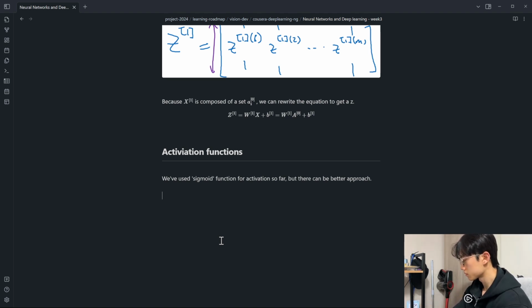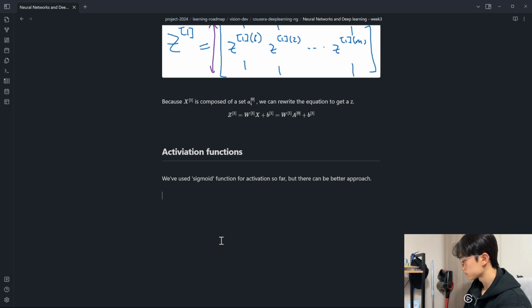In the steps for the neural network, we had these two steps where we use the sigmoid function here. So that sigmoid is called an activation function. And here's the familiar sigmoid function, a equals 1 over 1 plus e to the negative z.